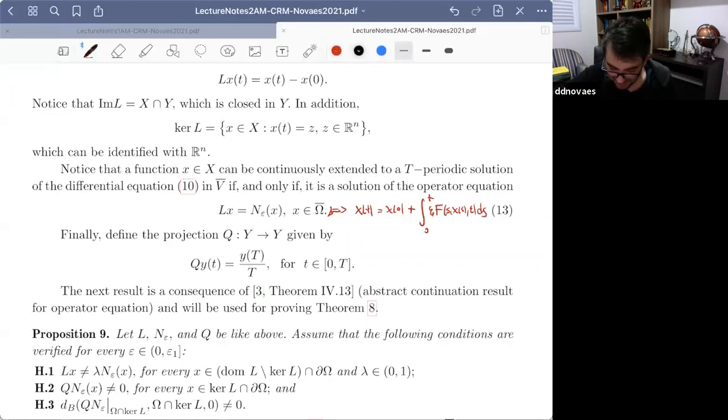I'm seeing that here I didn't define an epsilon, but this is an epsilon of x computed at t.